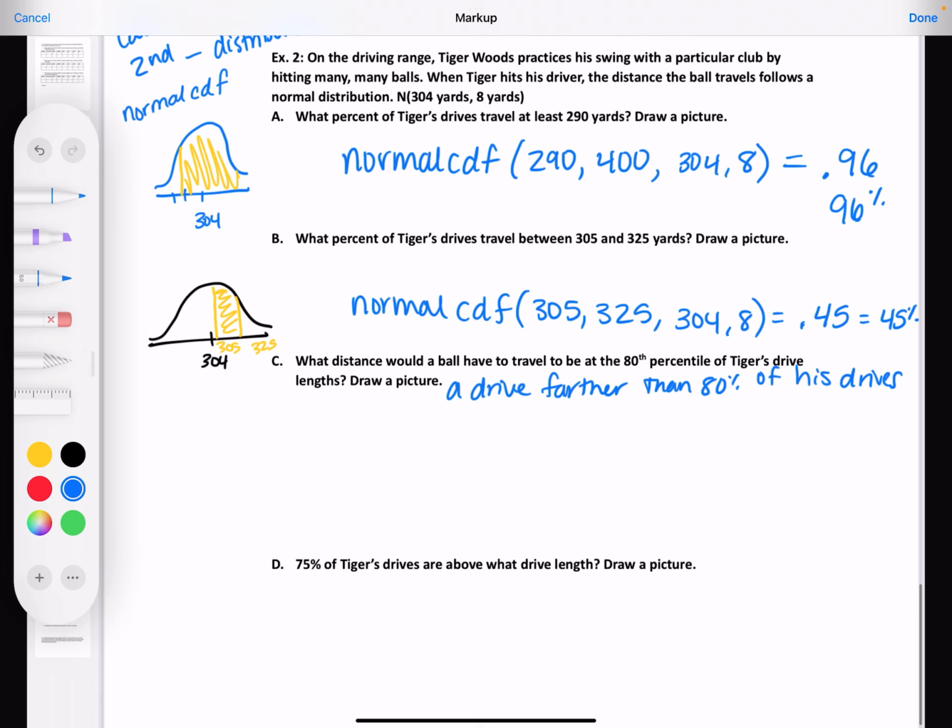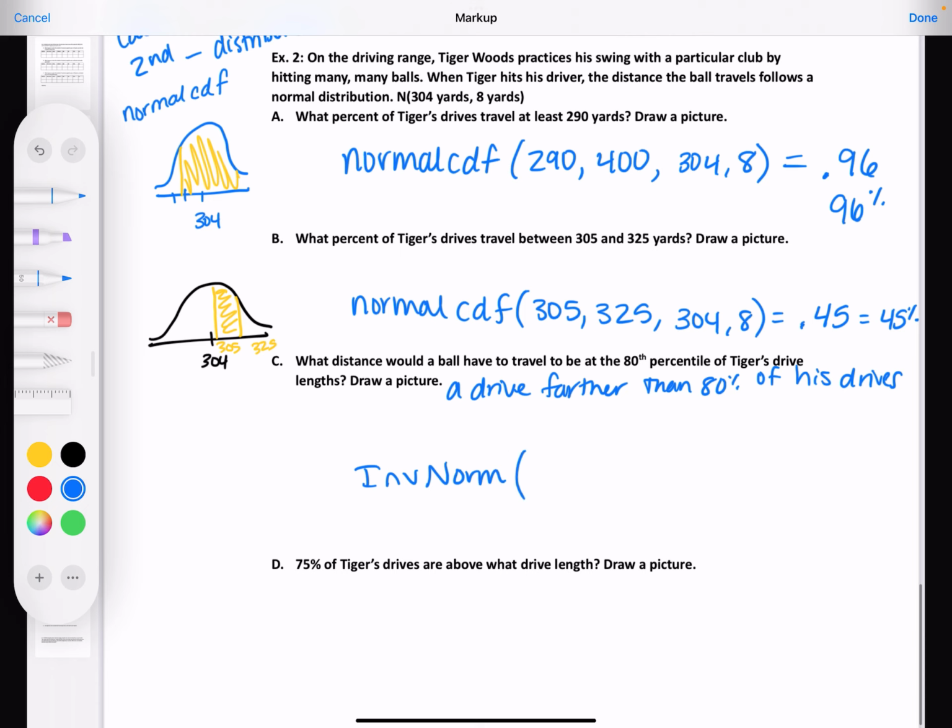So, this one, we are looking for a function called INV norm. It should be like number 3, I think, yeah.